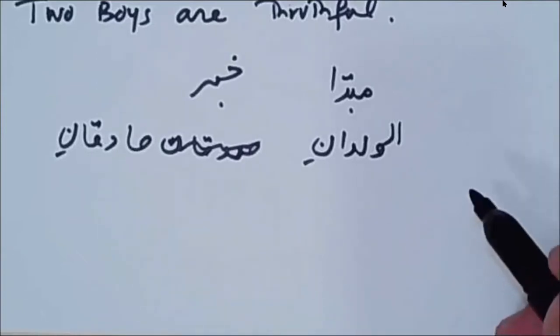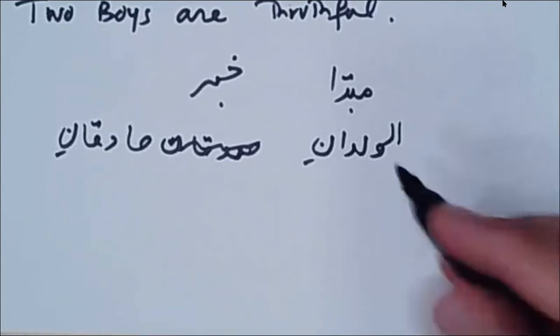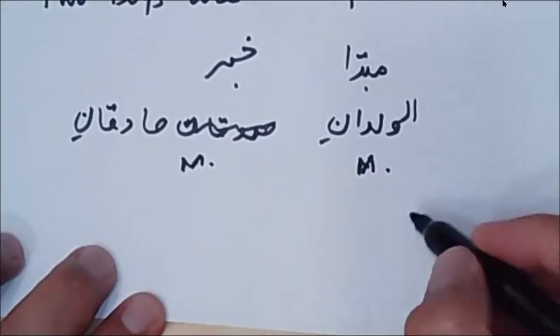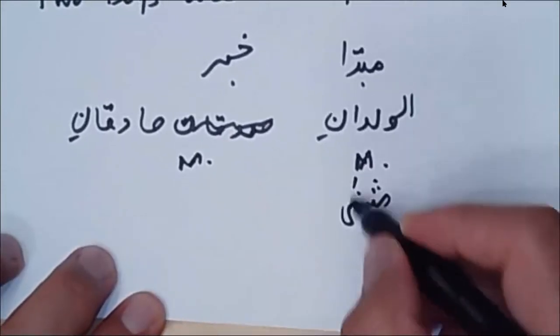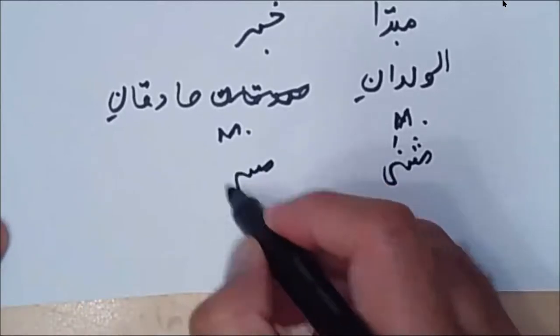The alif is the sign of rafa. The ani is the sign of rafa. So what is the gender here? Masculine. And the other is? Musanna. Making sense?